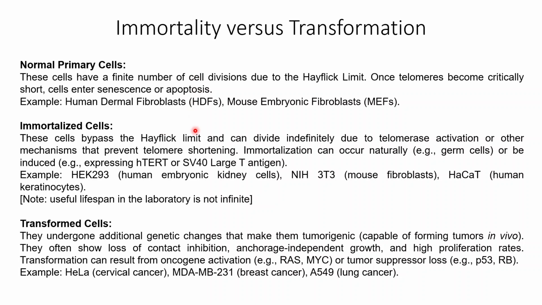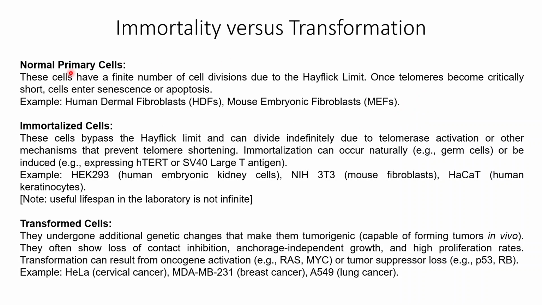Some examples that you can use in culture are human dermal fibroblasts, mouse embryonic fibroblasts, or basically any primary cell that you can culture once it's taken out of the body, or ex vivo, in your cell culture facility. That will have a finite number of times it can be passaged.